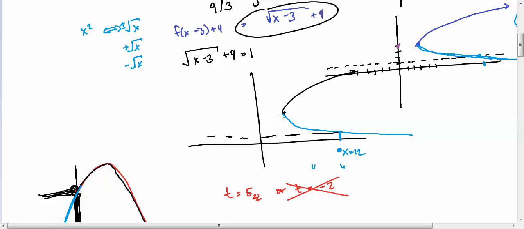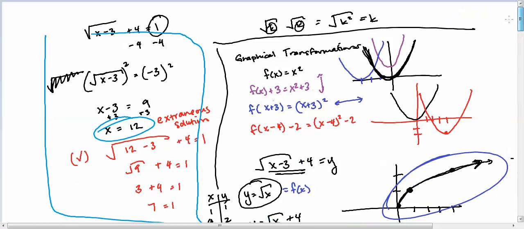But what this is saying is, it does have a solution, and then you as a thinker need to go in and say, wait a second, that solution might not make sense. And when you plugged it into the actual problem, it doesn't make sense.